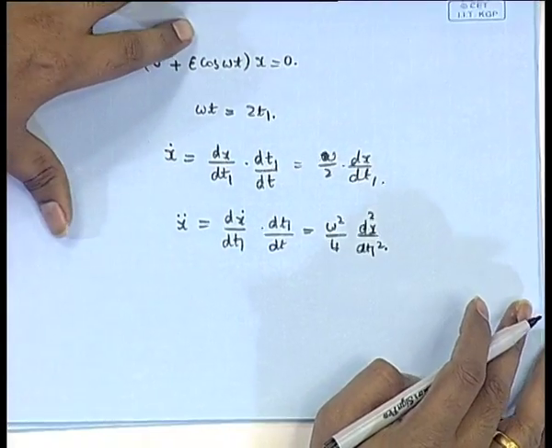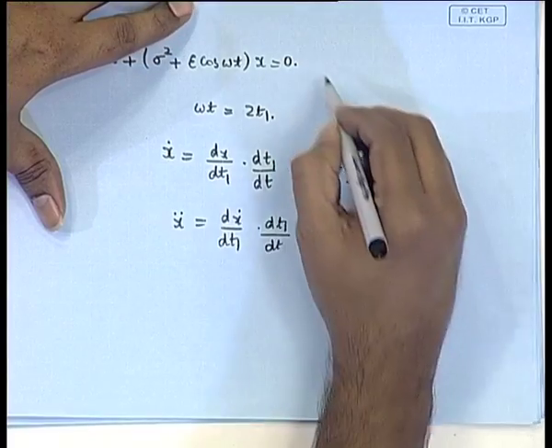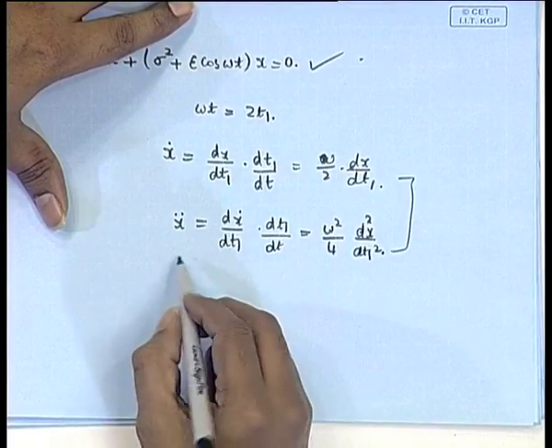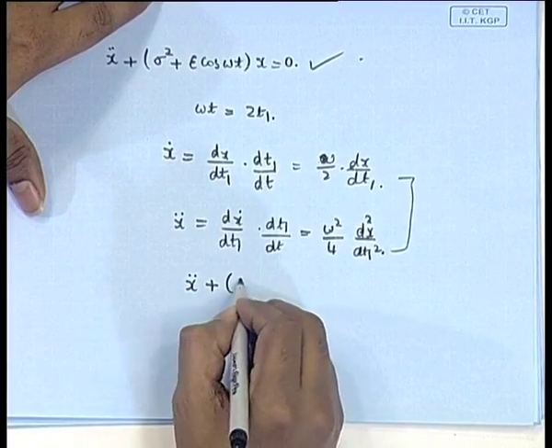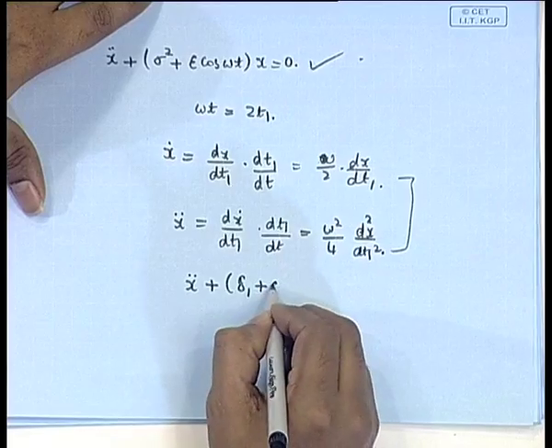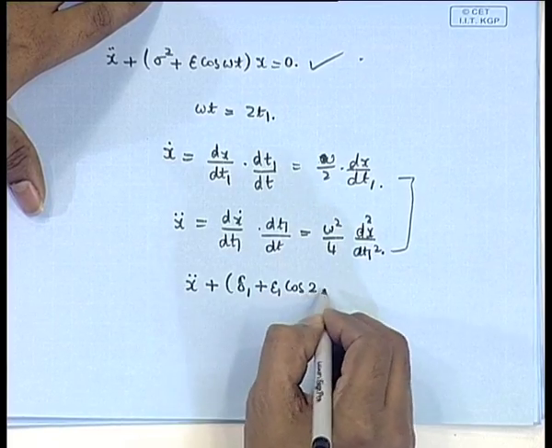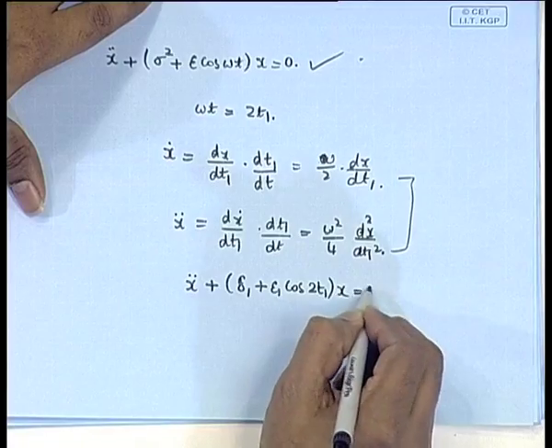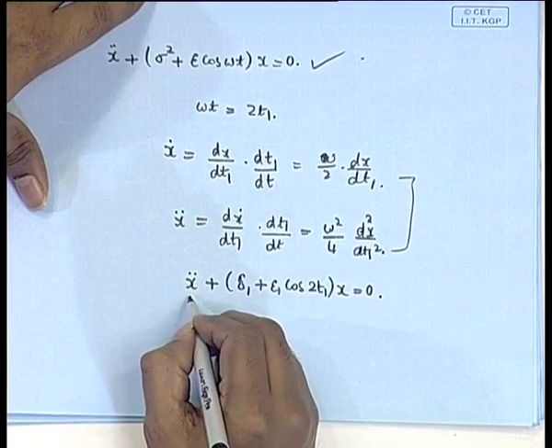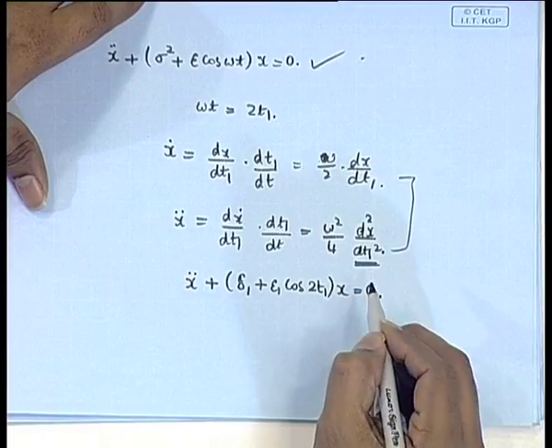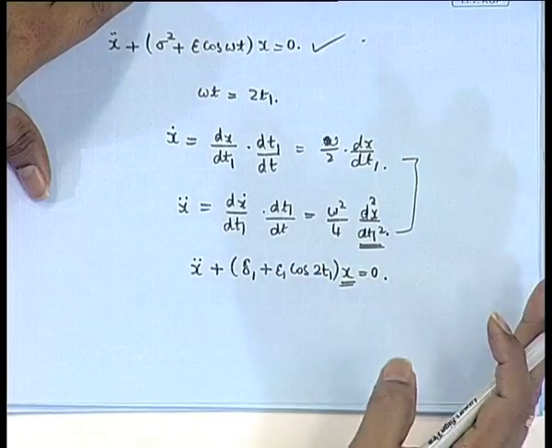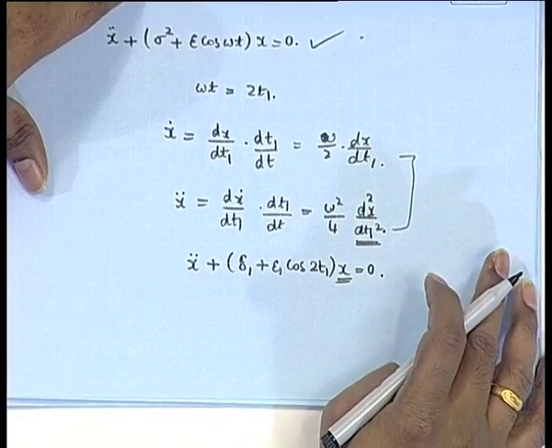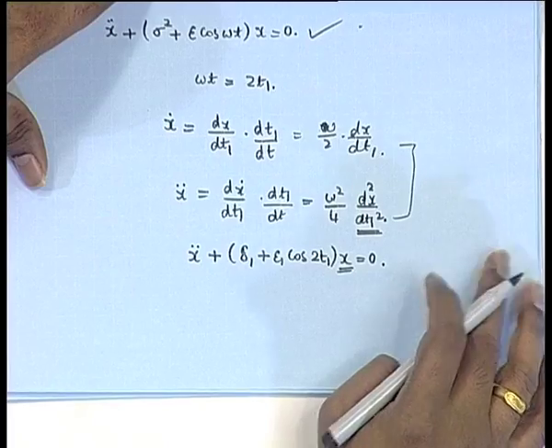Now, if you substitute these two in this equation, you will end up with x double dot plus delta 1 plus epsilon 1 cos 2 T1 into x equal to 0, where x double dot is equal to d square x by dt1 square. It has just been transformed from one system of coordinates to another, from t to t1.